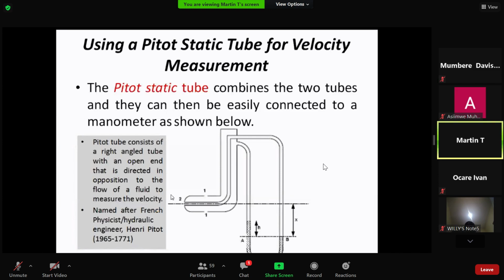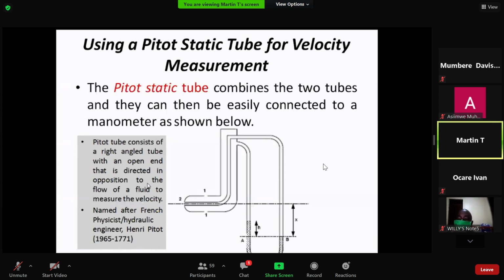Now at point number 1, that's where you measure the static head, because you see it is lying parallel to the direction of flow. Since the openings are parallel to the direction of flow, we're only capturing static head.